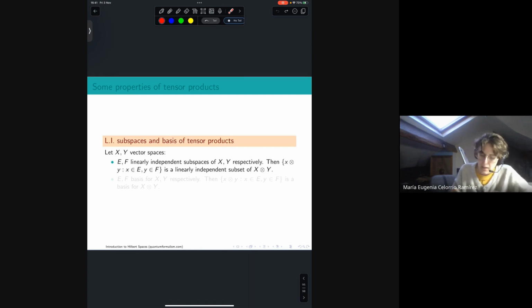When we have E and F linearly independent subspaces of two vector spaces, then the set of elementary tensors x tensor y such that x belongs to E and y belongs to F is also a linearly independent subset of the tensor product space X tensor Y. And whenever E and F are bases, this is also going to be a basis for the tensor product space.